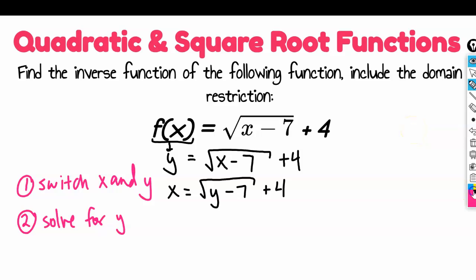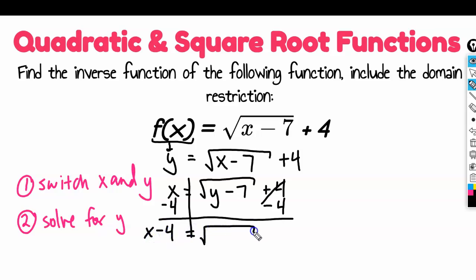So what that means is I'm going to start with getting rid of the plus 4 by doing the opposite. So opposite of plus 4 is minus 4. So I'm going to do minus 4 on both sides. So that gives me x minus 4 is equal to square root of y minus 7.